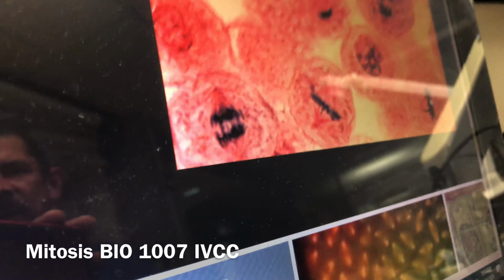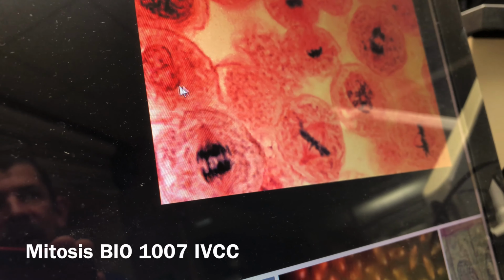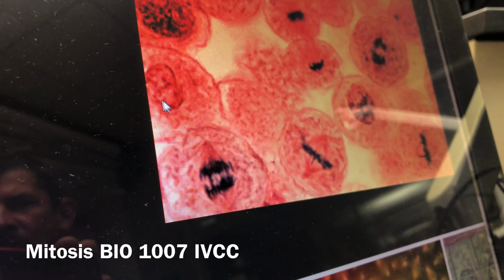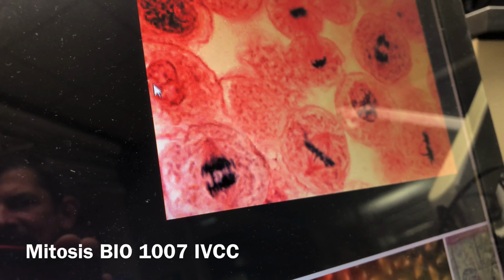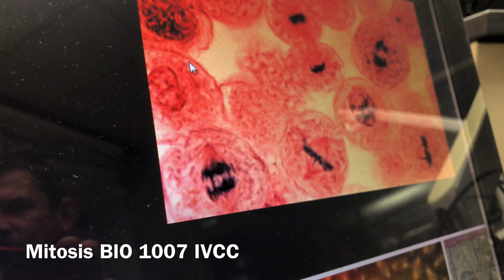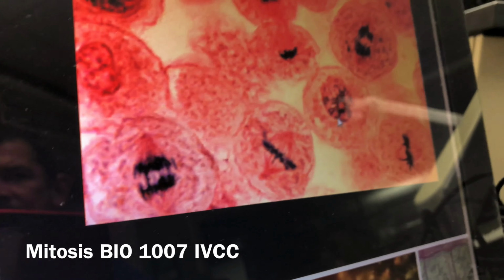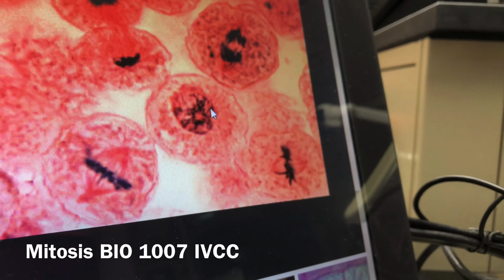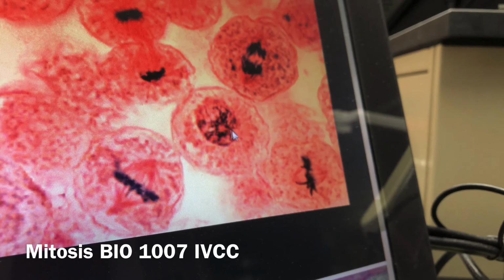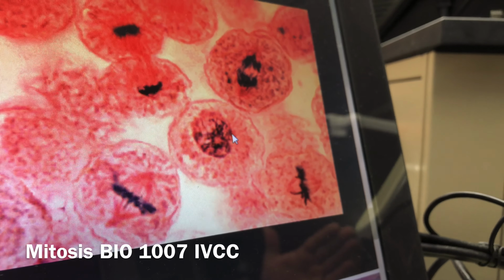The next stage then would be anaphase. This is when the chromosomes break apart, because remember, in an interphase cell all of the DNA is being replicated and copied. Under normal circumstances, we have 46 chromosomes in this cell. When we come to a prophase cell, we have a total of 92 chromosomes: the chromosome and an exact copy of it.